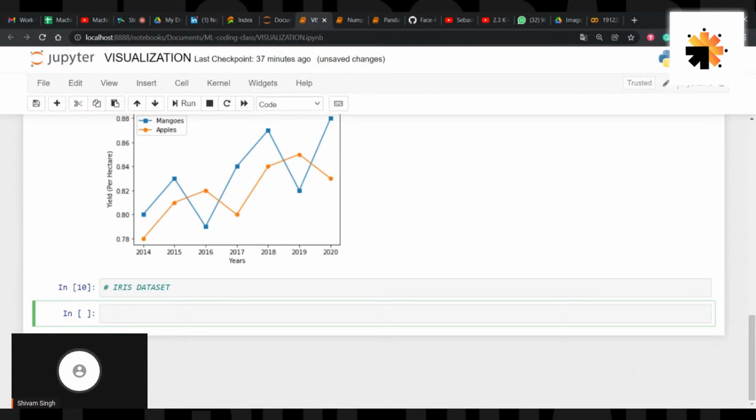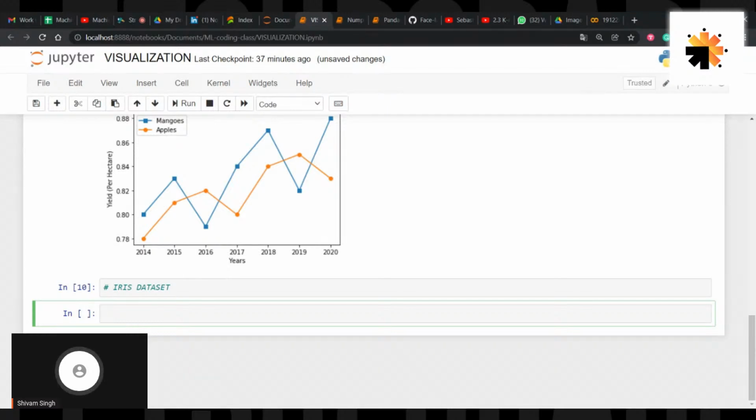I think we all learned this in our childhood, maybe in class 9 or 10 in biology, that a flower has these features: petal length, petal width, sepal length, and sepal width. Now this data set has this information.